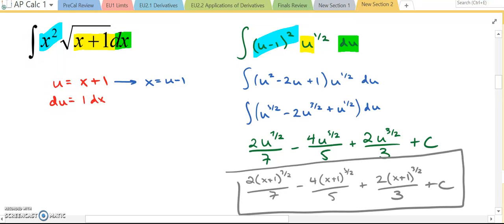So again, that last piece, that plus c at the end of this expression, is absolutely important. You have to have it there because we don't have boundaries defined for us.